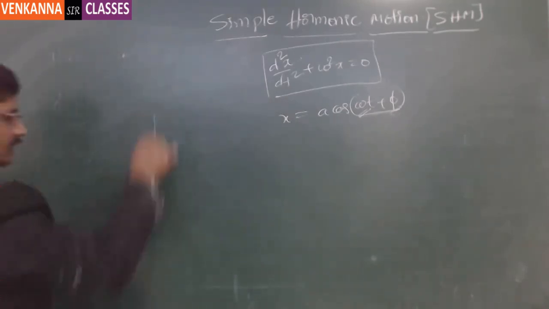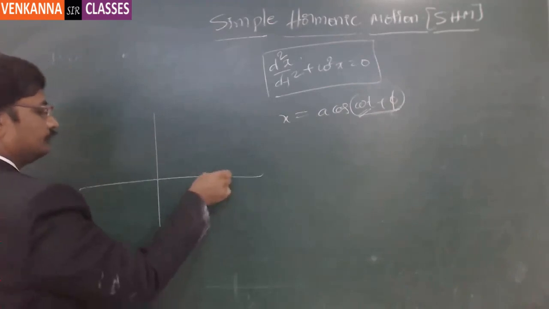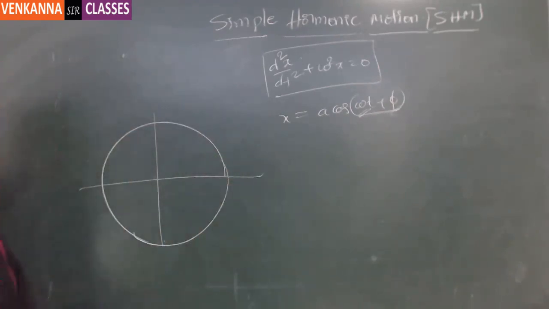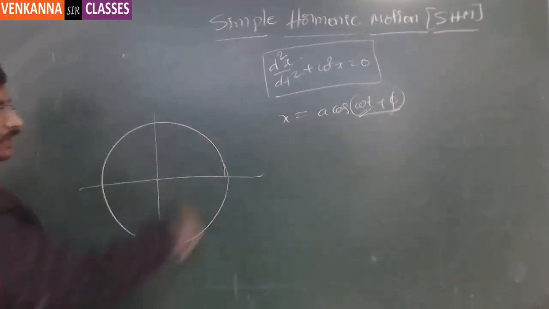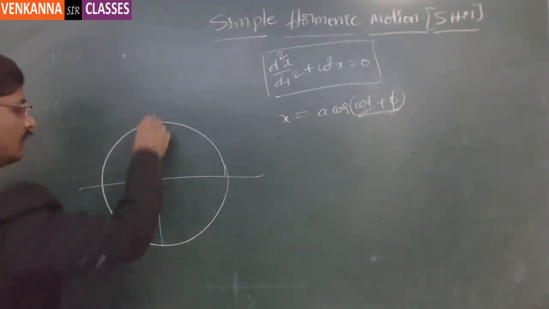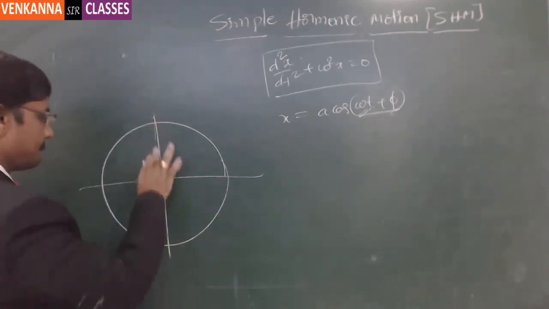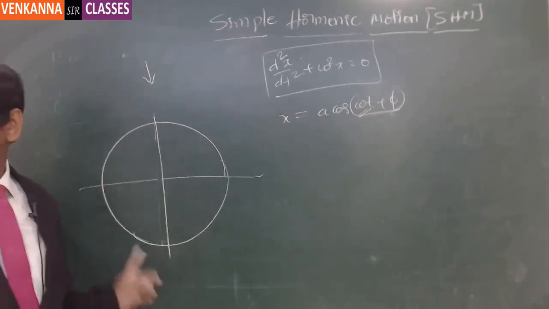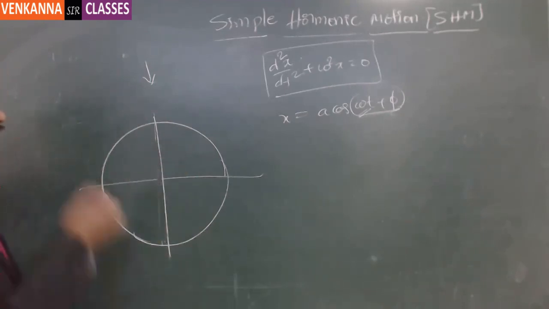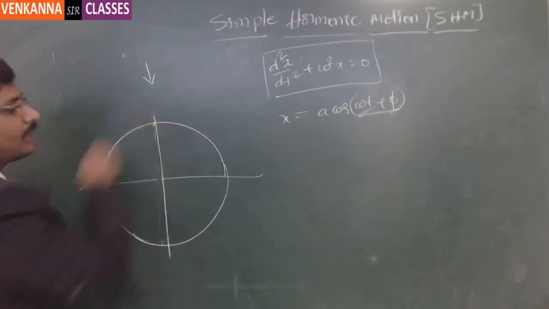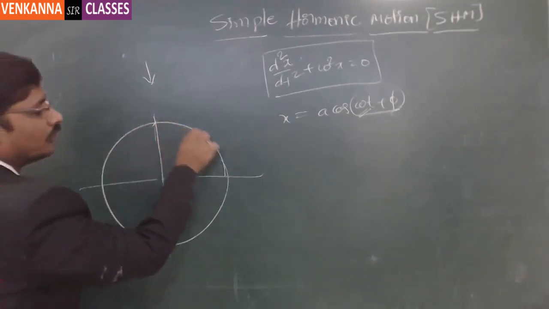So if you take the circular motion, see this. This is a circle. Let us say a particle is moving in a circular fashion like this. If you look from the top side, let us say the particle is here and it started moving in this direction.